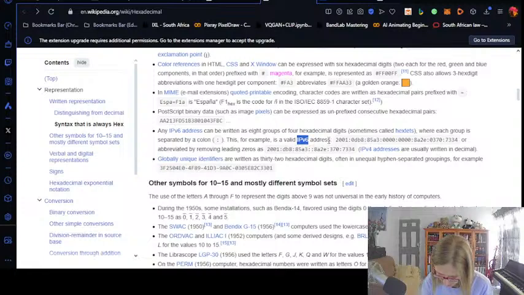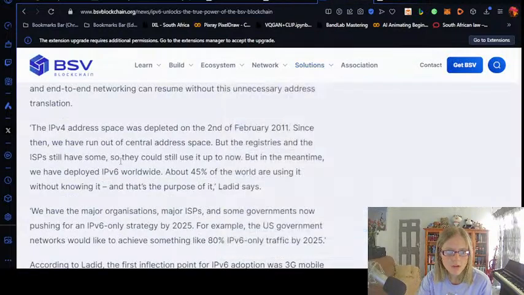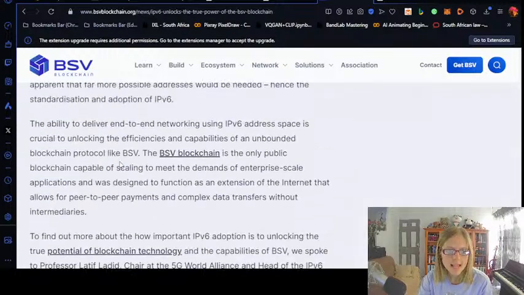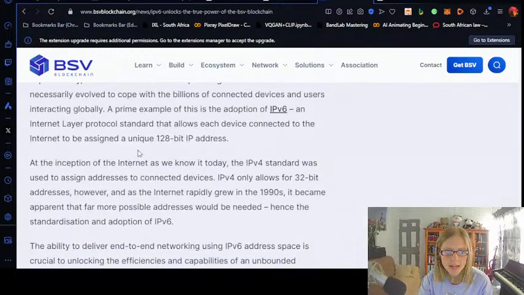So a hexadecimal is equal to 4 bits, right? And the IPv6 has 8 groups of 4. So if we say 4 times 4 is 16, and we times that by 8, we get 128.